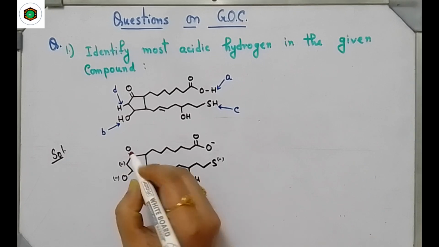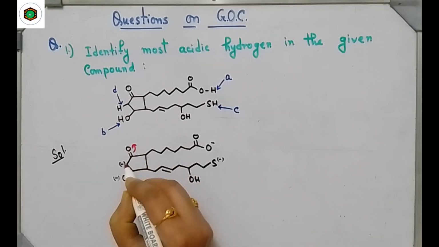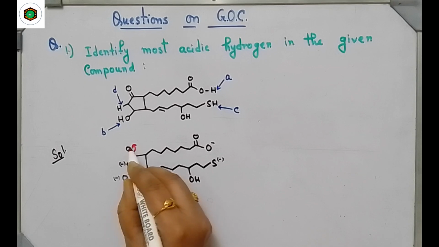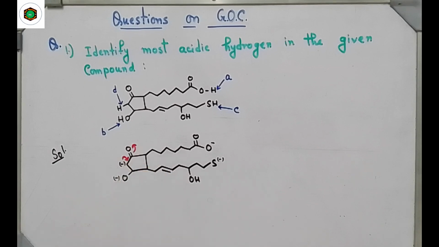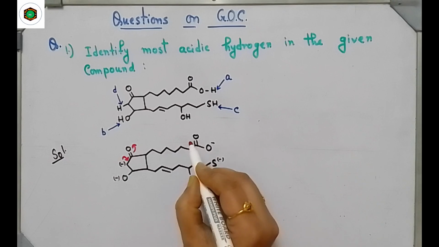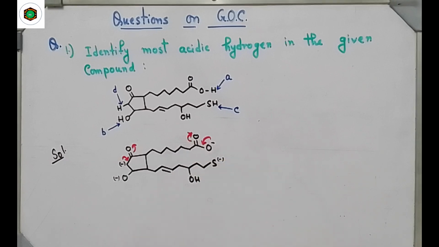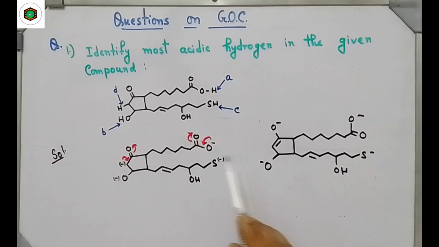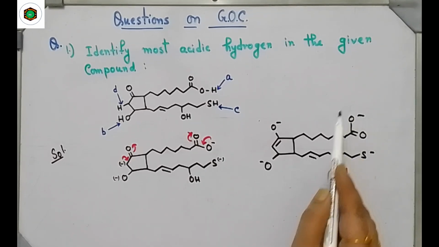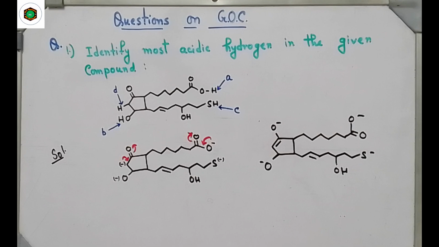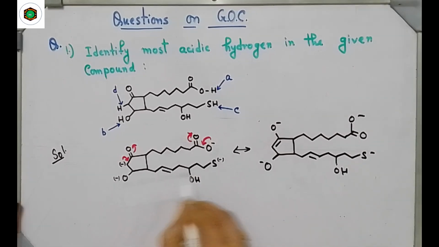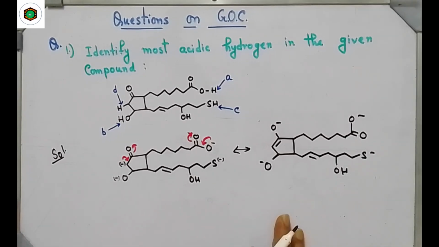Now see, this anion is stabilized by resonance because at conjugate position a CO group is there. This is the carboxylate ion. So here we are having equivalent resonating structures. So this is another resonating structure of the carboxylate ion. And these anions are not getting conjugative stability.